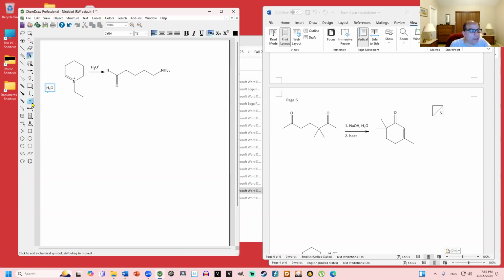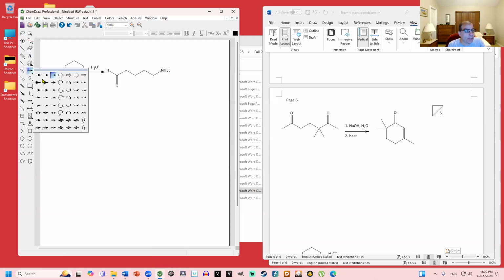And we went over this mechanism in chapter 23. I don't think we had a cyclic iminium, but it doesn't really matter. The mechanism's the same either way. The only difference is rather than winding up with 2 molecules, we'll wind up with just 1.